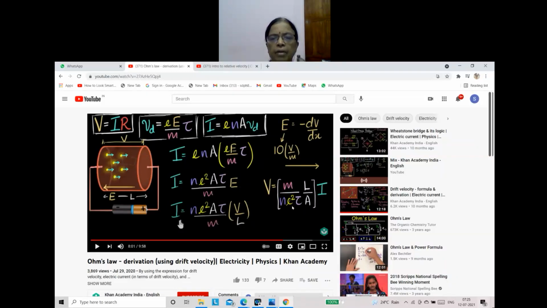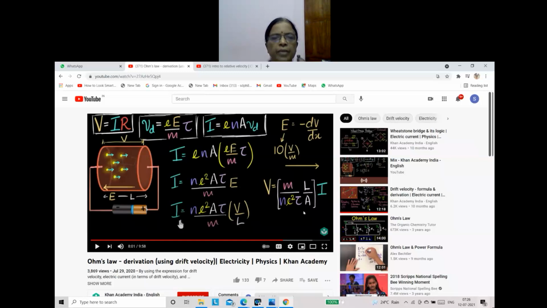Then if you have taken a copper wire, this tau, the relaxation time, is also a constant. So m by n e square tau is a constant, into L by A.